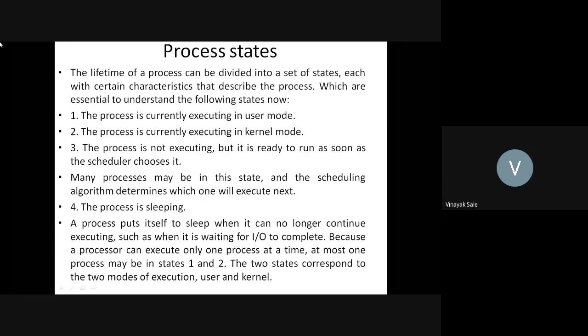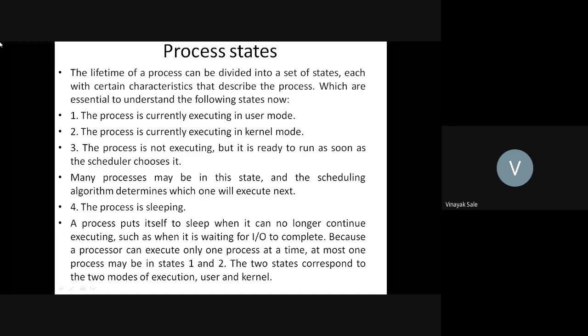Then fourth, the process is sleeping. A process puts itself to sleep when it can no longer continue executing, such as when it is waiting for input output to complete.